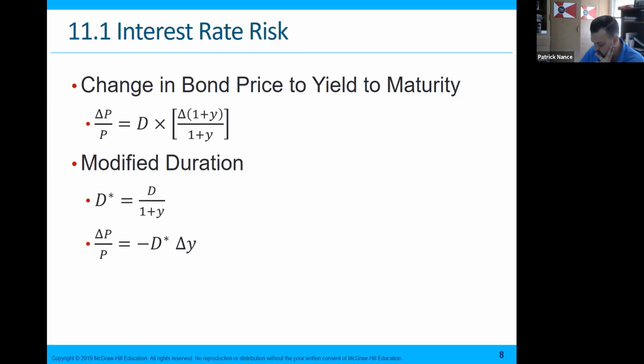So the percentage change in bond price is the product of the modified duration and the change in the bond's yield to maturity. So we've got change in price, the duration, and change in (1 + y) divided by (1 + y). So the proportional price change equals a proportional change in 1 plus the bond's yield. The y stands for yield, obviously. Therefore, the bond price volatility is proportional to the bond's duration, and the duration becomes a natural measure of its interest rate exposure.